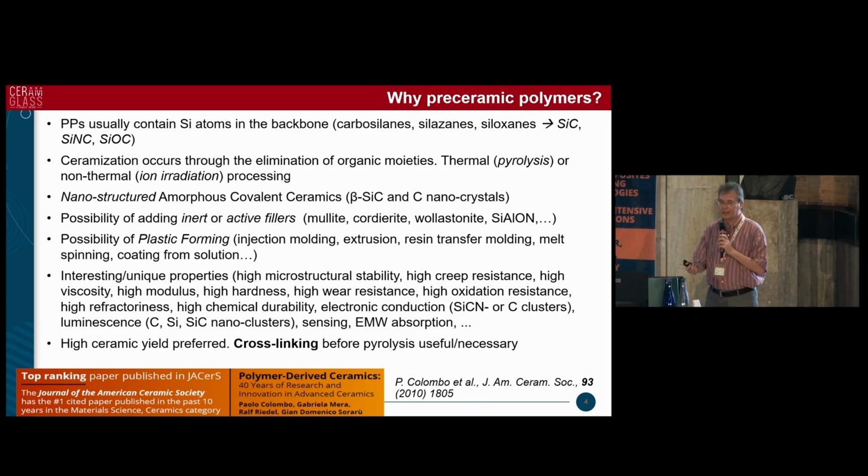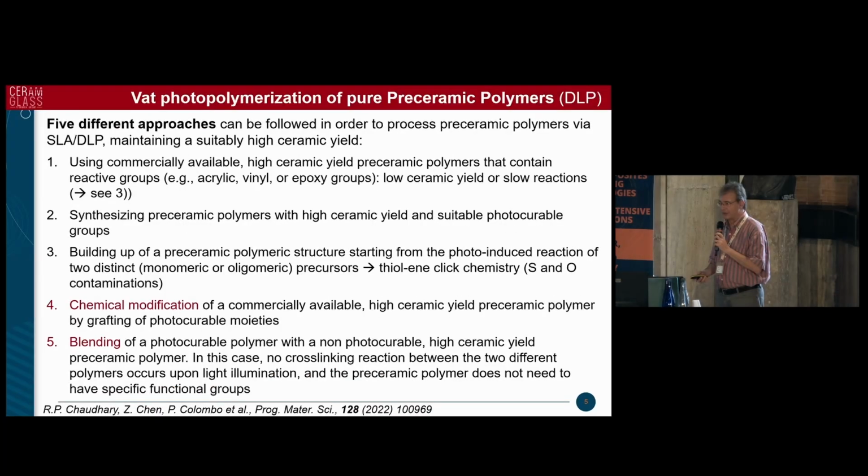For DLP, it's 50 microns, pretty much on the XY plane. If you want to go beyond that, you can use a low ceramic yield preceramic polymer, and after pyrolysis, due to the high shrinkage, you can get much higher resolution.